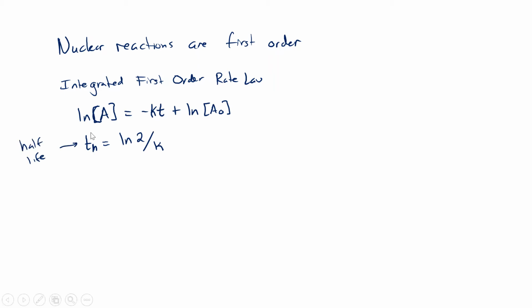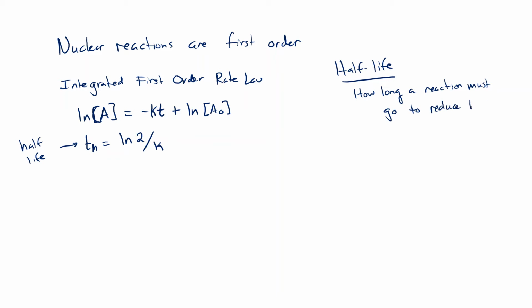I think it's worth taking a moment to talk about what the half-life means. We talked about this briefly in previous chapters, but it's important to really hammer down what this means. What the half-life means is this is how long a reaction must go to reduce starting material by 50%.